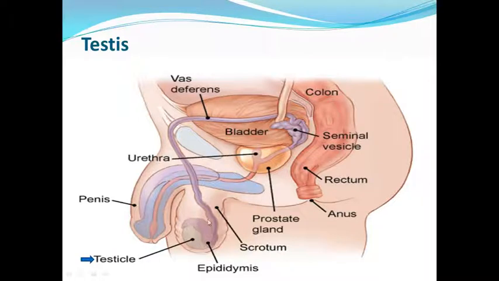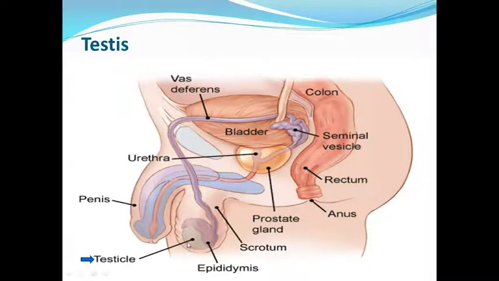Now talking about the dimensions of testis. It is oval in shape and compressed from side to side. Its length is approximately 3.5 to 3.8 centimeters, and its breadth, measured from before backwards, is around 2.5 centimeters.